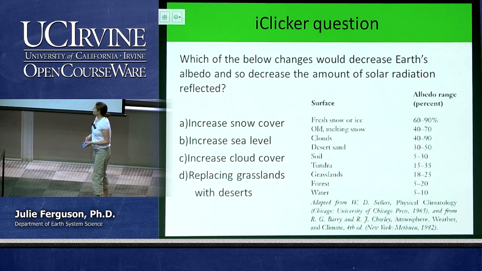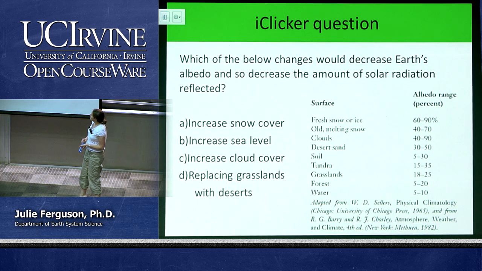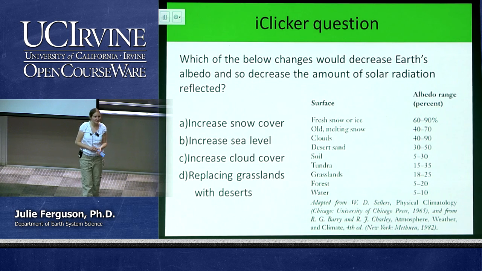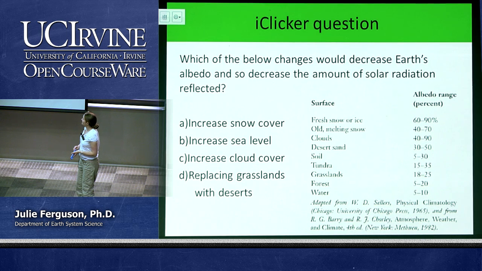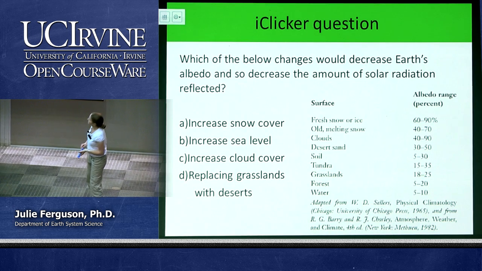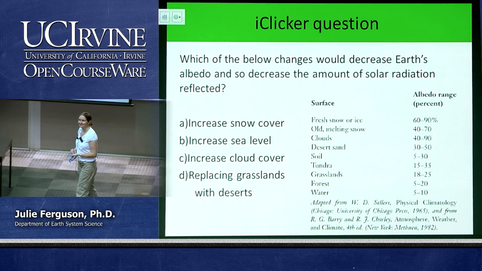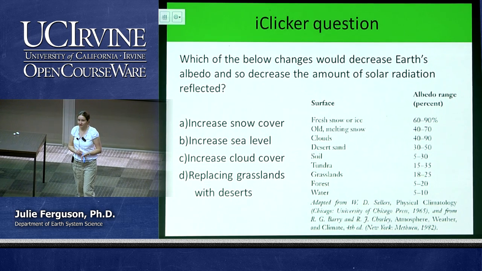So D, if we look at what the albedo of grassland is, it would reflect maybe 18 to 25% of incoming radiation. If we replaced all those grasslands with deserts, which reflect maybe 30 to 50, I can't see from this angle, then we'd actually be reflecting much more of that radiation back to space, okay?